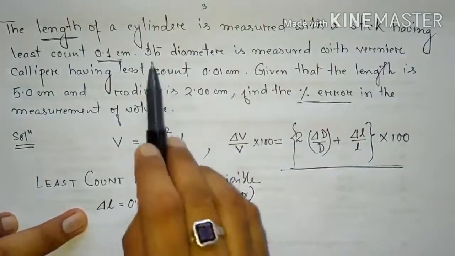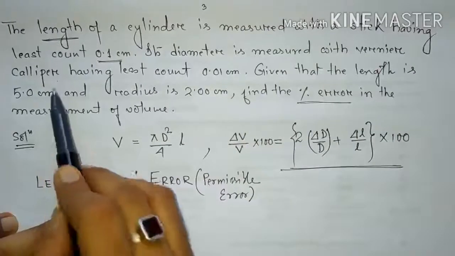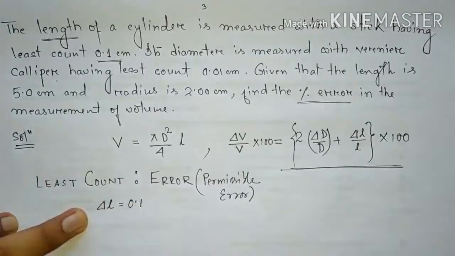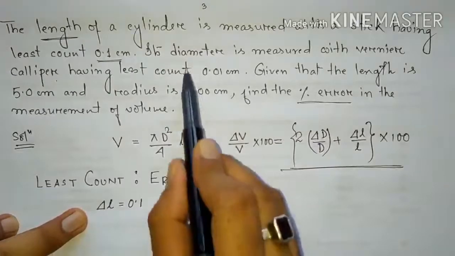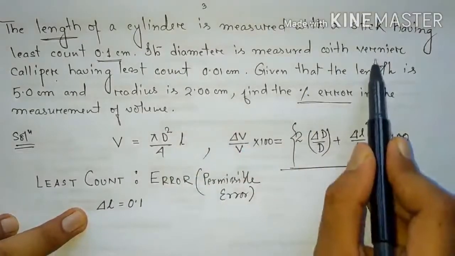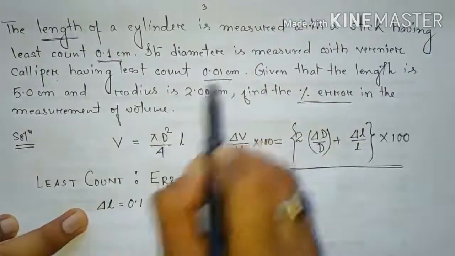Similarly, you see its diameter is measured with a vernier caliper. A vernier caliper is a device with the help of which the diameter of small cylinders can be measured. We shall be dealing with vernier calipers during our practical classes, but keep it aside. When the diameter of the cylinder was measured with a vernier caliper, the least count was 0.01 centimeter.